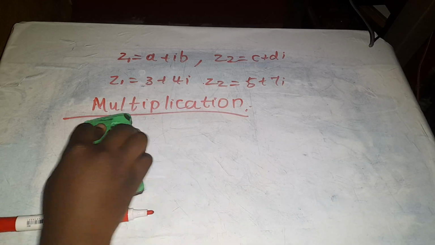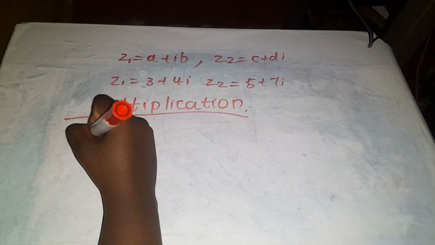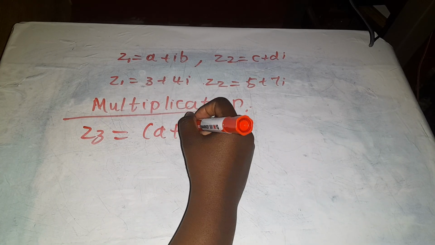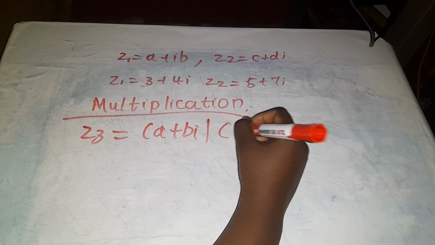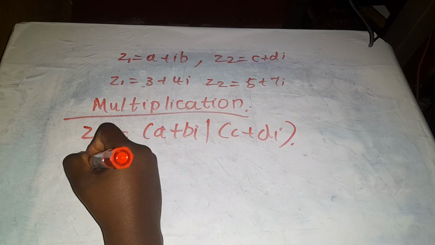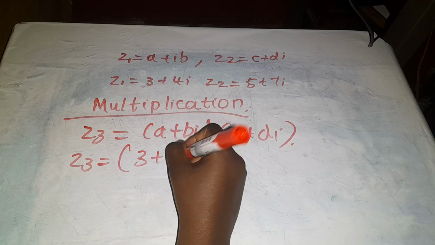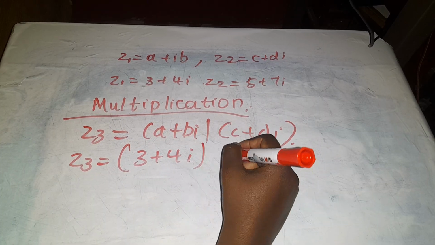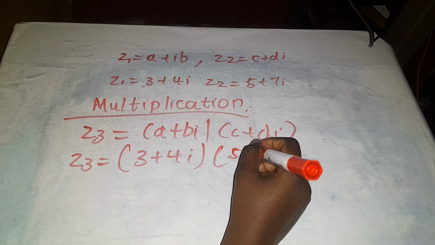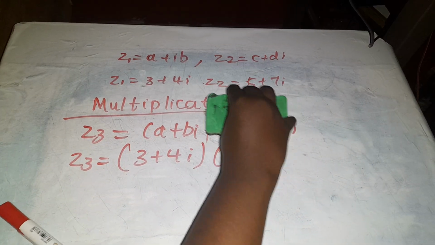When you want to find Z3, it is going to be equal to a plus bi multiplied by c plus di. Then Z3 is equal to 3 plus 4i multiplied by 5 plus 7i.